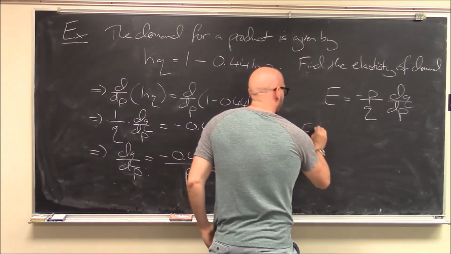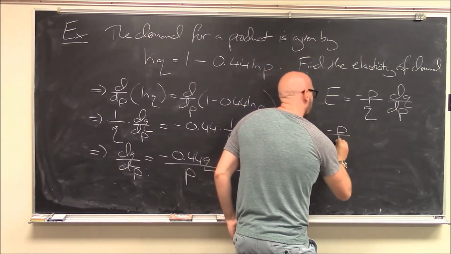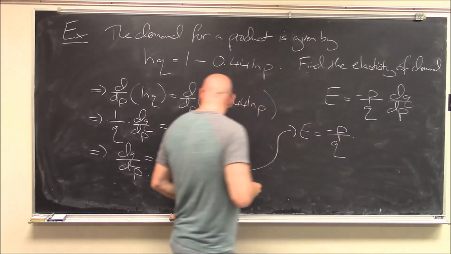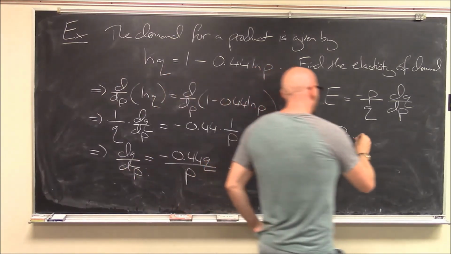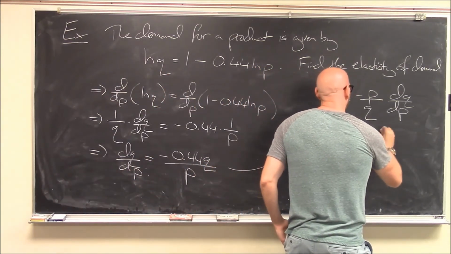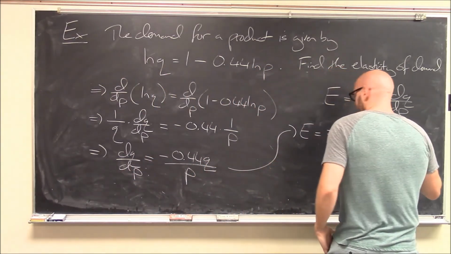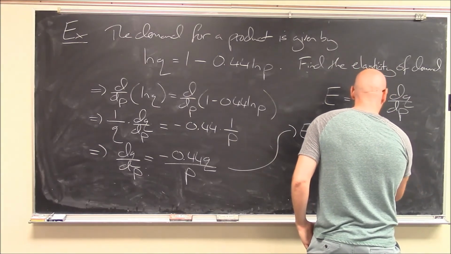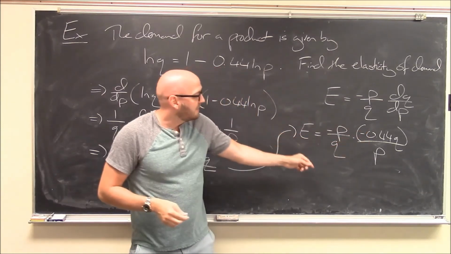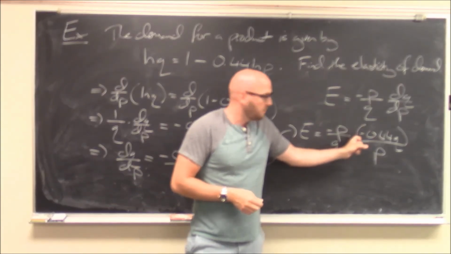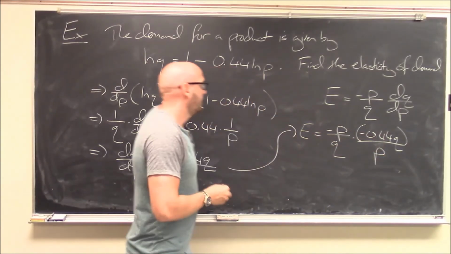My elasticity is minus p over q times dq over dp, which we just found, is times minus 0.44 q over p. Notice, by the way, I put that in brackets because otherwise it wouldn't look like multiplication, it would look like I'm subtracting this off.